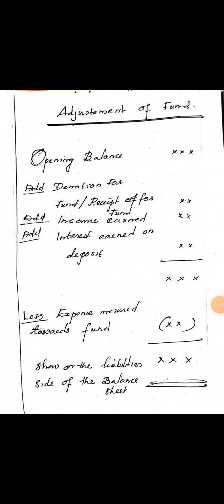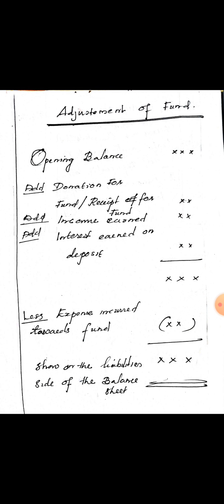Adjustment of funds. Opening balance of funds plus donation for funds or receipt of funds, then income earned plus interest earned on deposits.